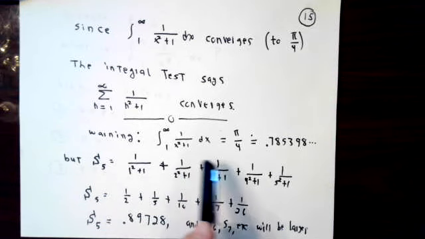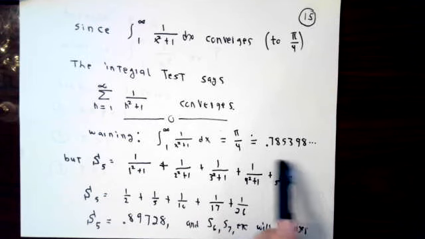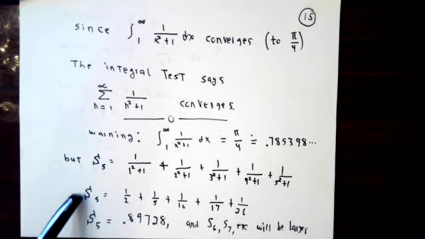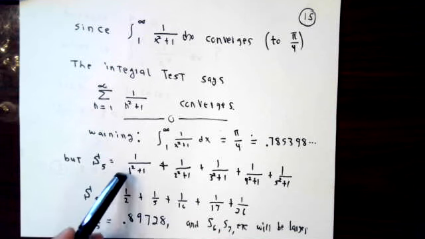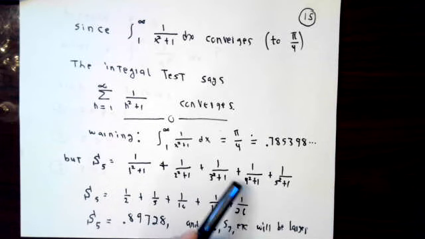The integral worked out to be pi over 4, which to about 6 decimal places is 0.785398. Look at partial sum number 5 for the infinite series. 1 over 1 squared plus 1, 1 over 2 squared plus 1, and so on until you get to 1 over 5 squared plus 1.